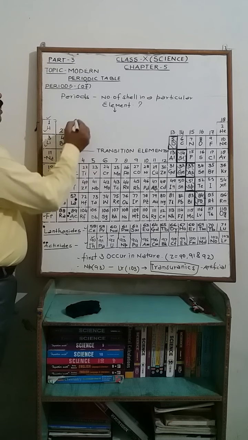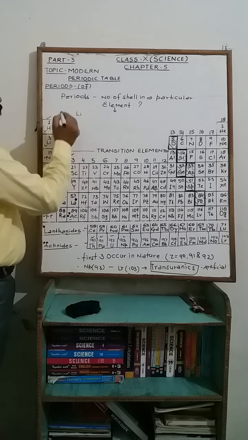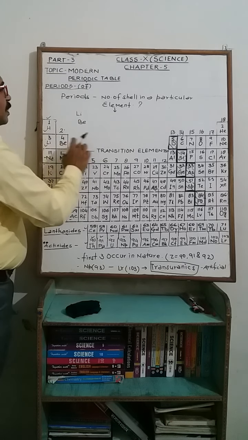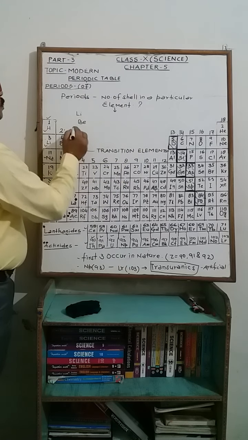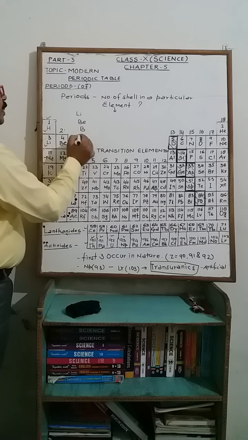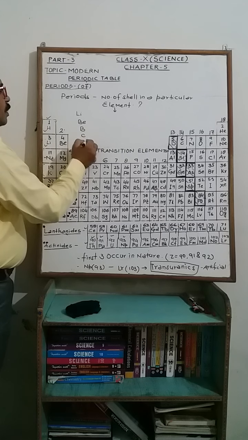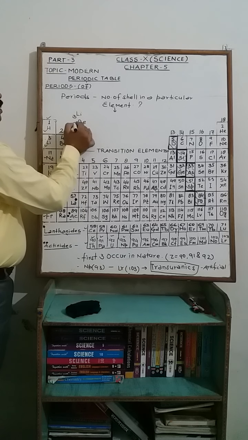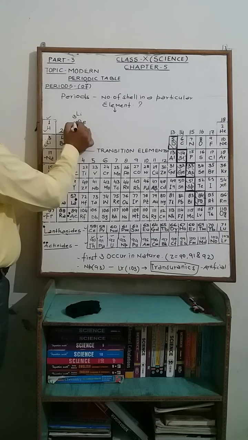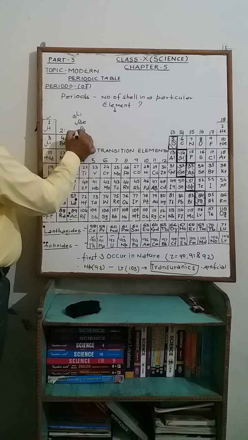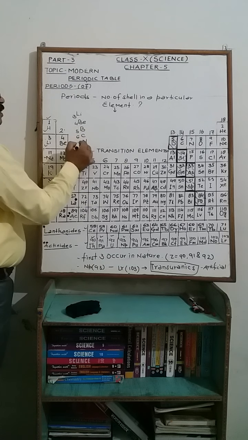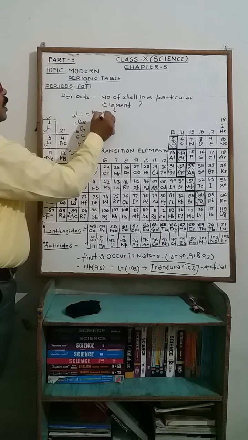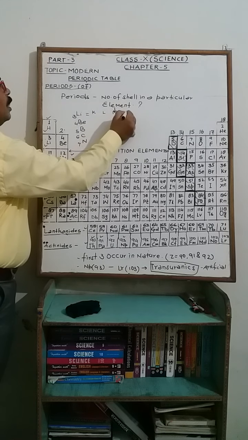Look, lithium atom number 3. Next beryllium 4, boron 5, carbon 6, nitrogen 7. Look, K, L, M and N.